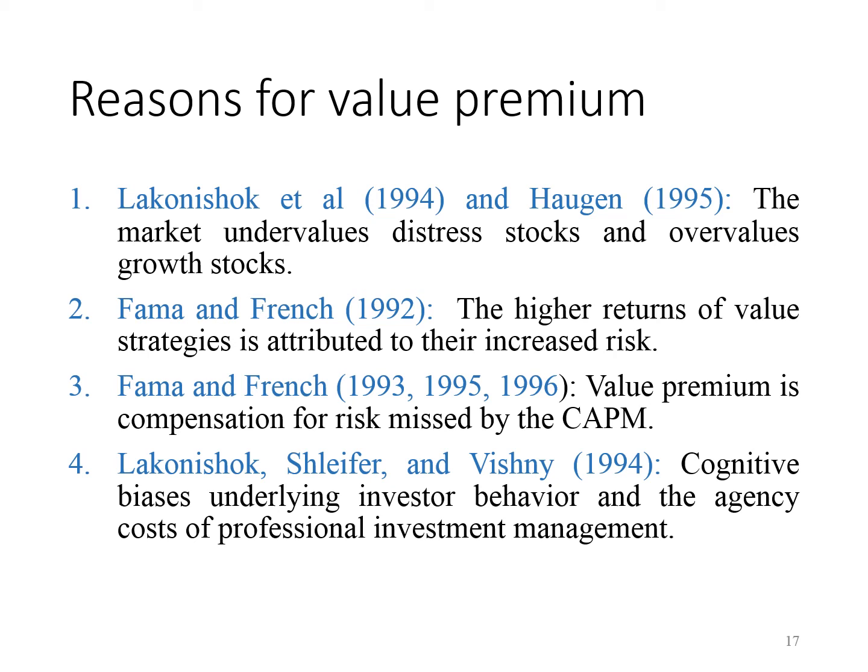Why value stocks outperform growth stocks? There are a few reasons provided by the literature. First, Lakonishok and Haugen argue that the value premium in average returns arises because the market undervalues distressed stocks and overvalues growth stocks. When these pricing errors are corrected, value stocks have high returns and growth stocks have low return.